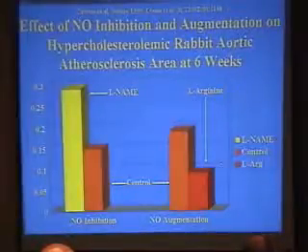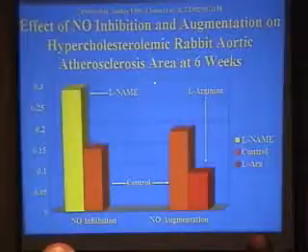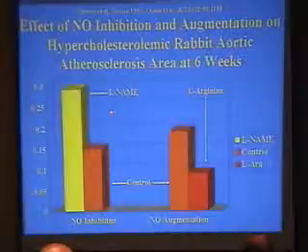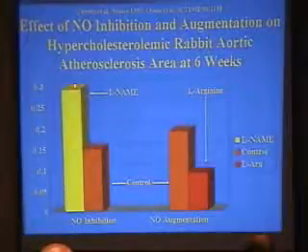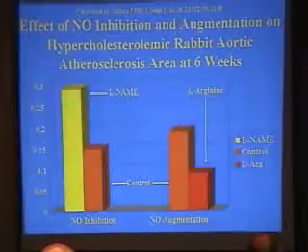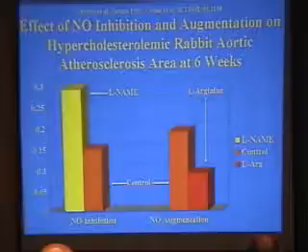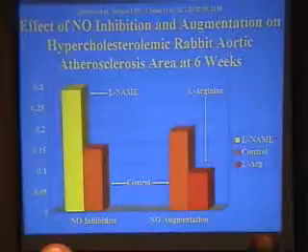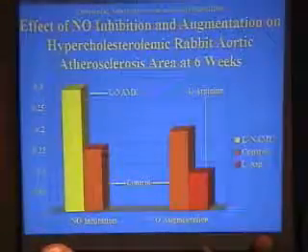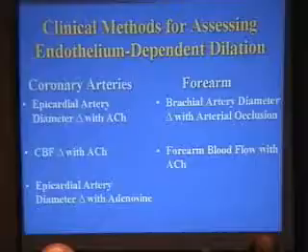In experimental animals, if you inhibit nitric oxide synthase with a specific synthase inhibitor, atherosclerosis increases. If you make more nitric oxide available by giving the precursor, atherosclerosis decreases. And so availability of nitric oxide, one of the endothelial functions, might be interpreted as a way of measuring the rate of progression of atherosclerosis.